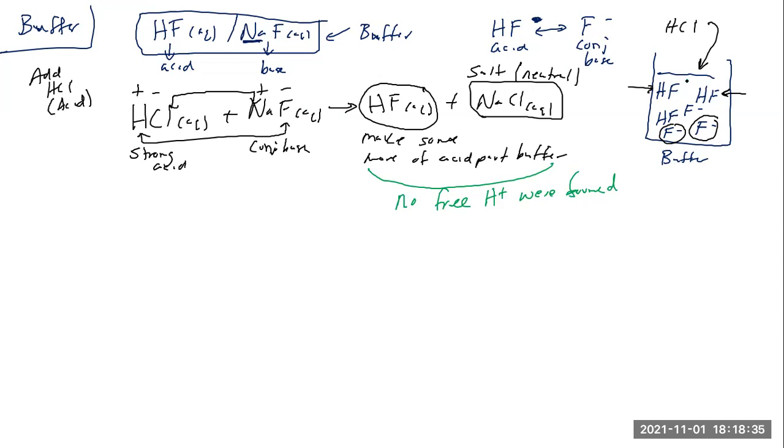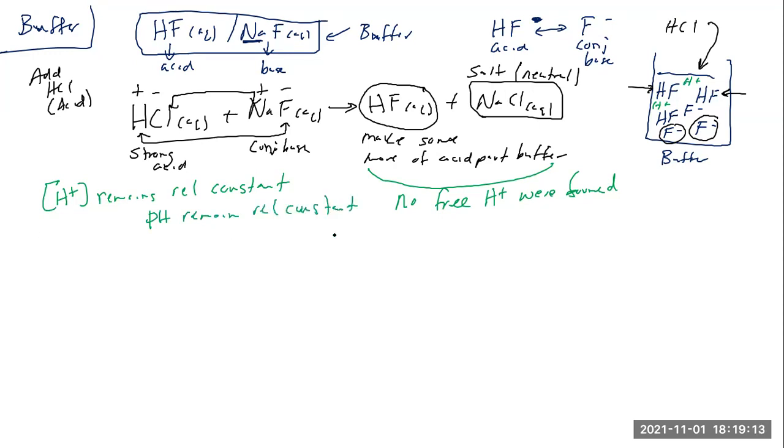There really is at the beginning here some H plus floating around, and we still have the same amount there, but we didn't create any more, which means what ends up happening is the H plus concentration remains relatively constant. And because the H plus concentration remains relatively constant from where it began, we will also see that the pH will remain relatively constant as well.